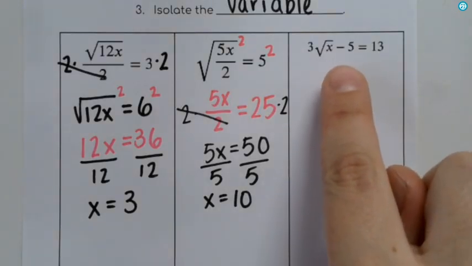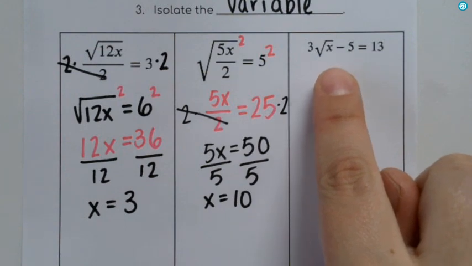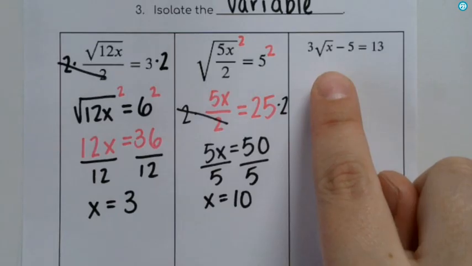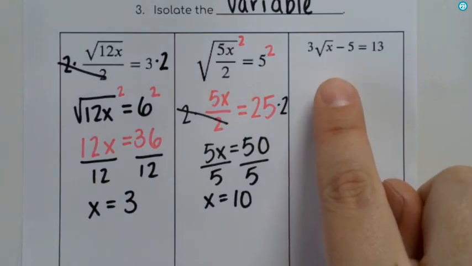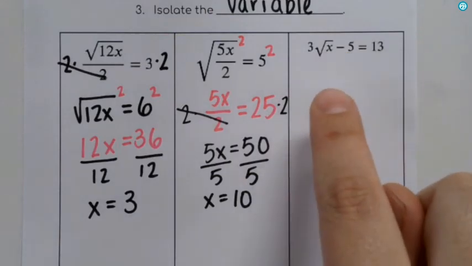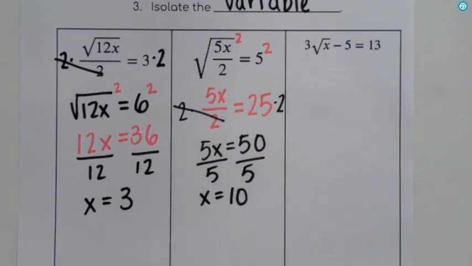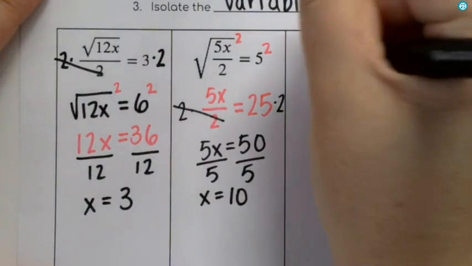The very last one here. What is inside the square root on this problem? Okay, so look at where the square root is. The x is under it. What else is underneath the square root? Nothing. So we've got to get rid of that minus 5 and that 3. If this were an equation that just said 3x minus 5, what would we do first? Plus the 5. So we can get rid of that plus 5 first. So we're going to add the 5 to the other side.